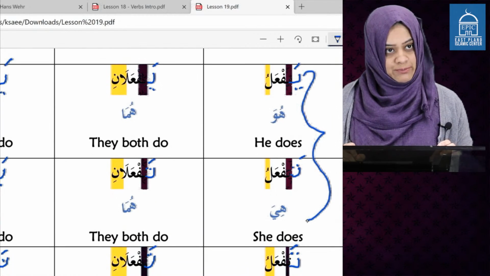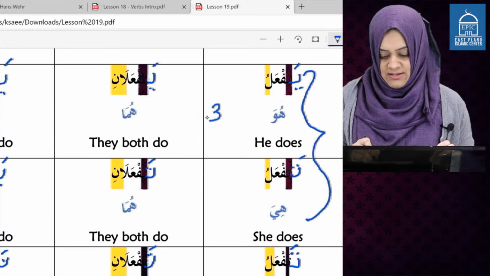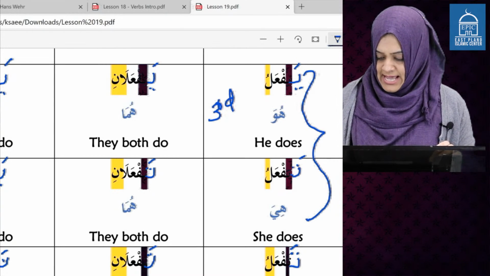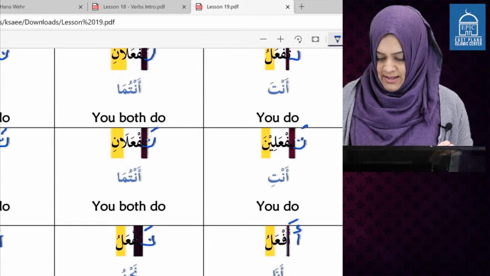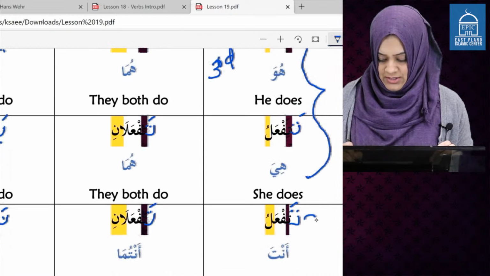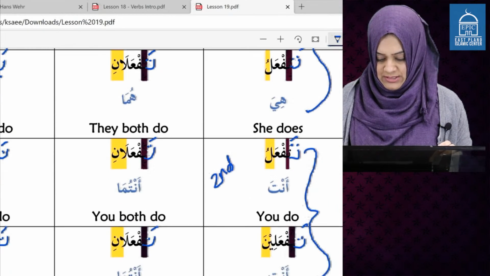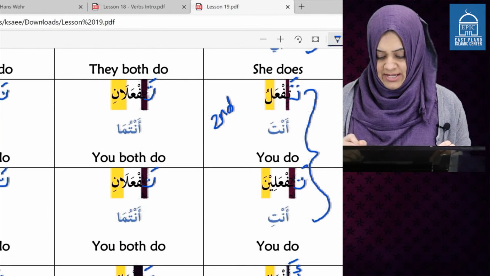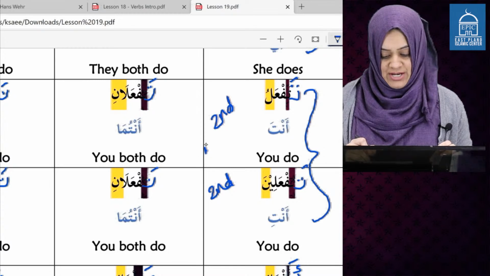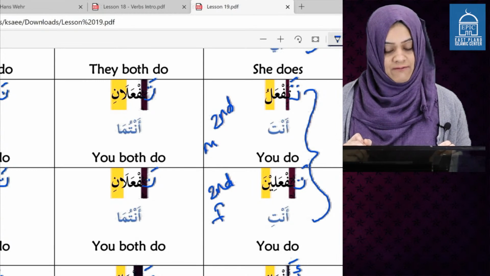This one is third person. And then we have here, second person. These two here, second person. This is second person male. This is second person female.